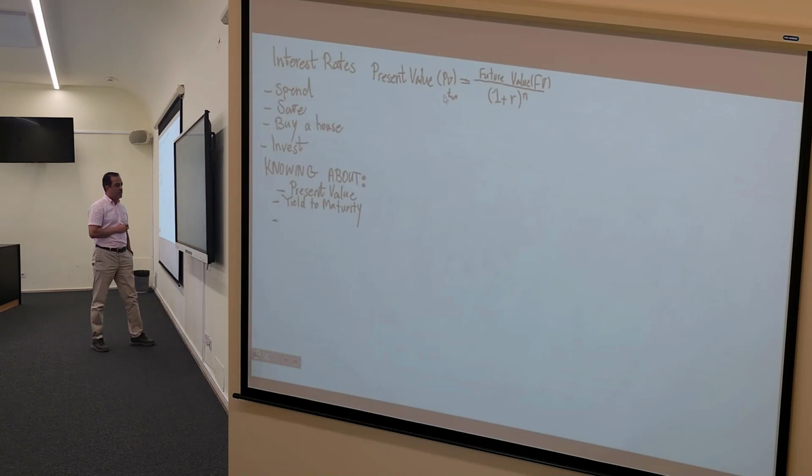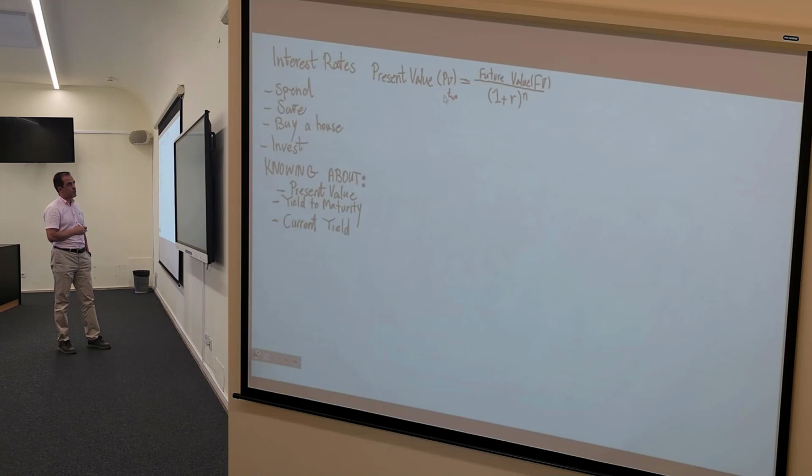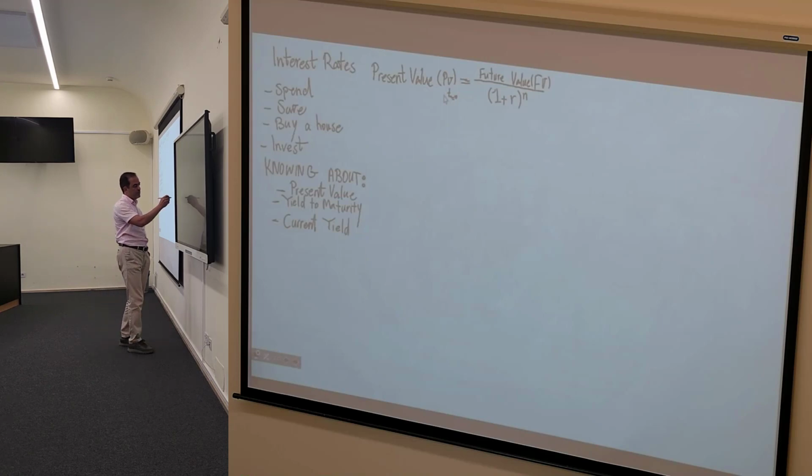Another item is the current yield. So the current yield is what? An approximation of the yield to maturity.